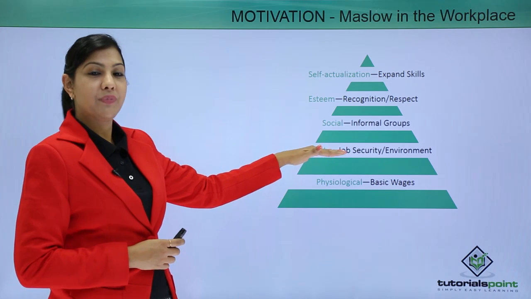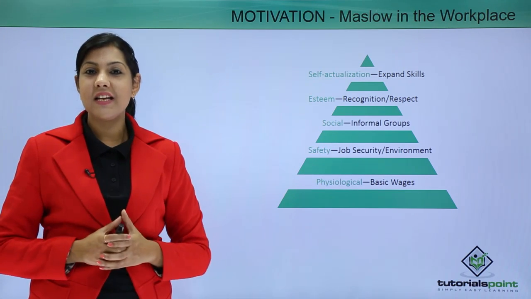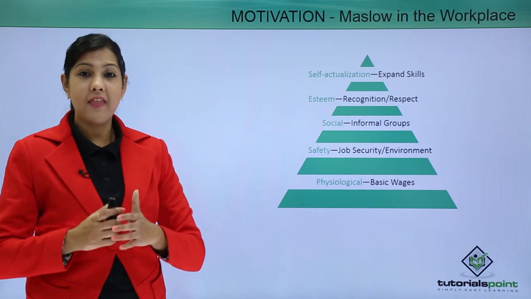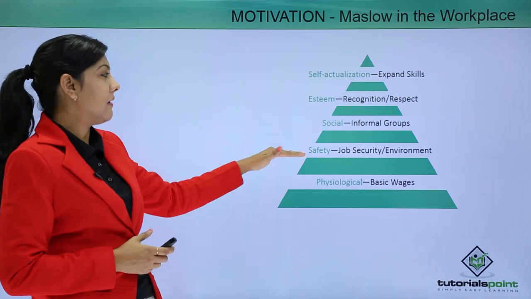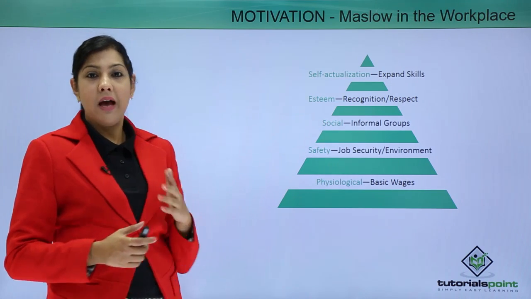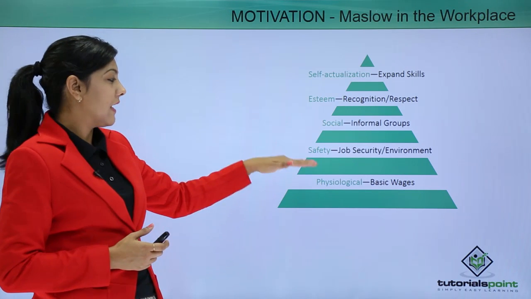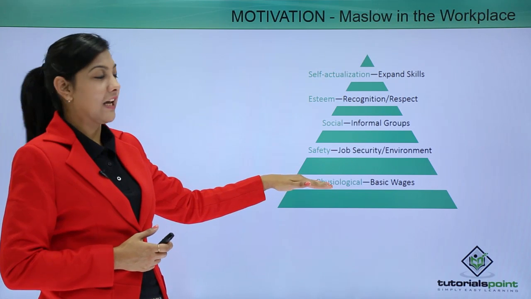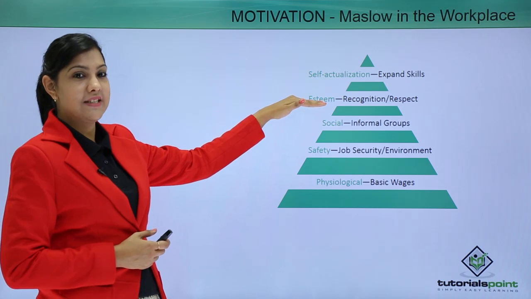Coming to safety, his job security and his environment at home, if that is taken care of, if he feels that his family members and friends are safe, then he is more likely to concentrate and focus on the work, and which helps him to be social, meaning having friends, having good relationships at work, and that helps only if his physiological and safety needs at the bottom end of the pyramid are taken care of. Now that kind of a person is also going to have high self-esteem.